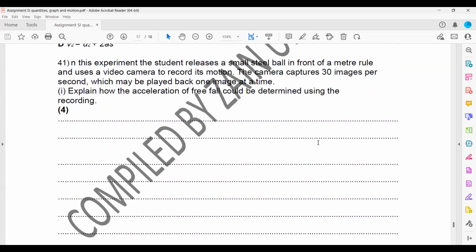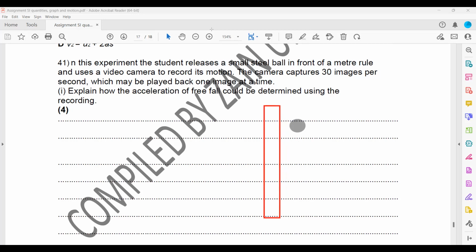So question 41. In this experiment, a student released a small steel ball in front of a meter rule. So there's a meter rule or a meter scale there, and the student releases a steel ball in front of that. For example, we have a steel ball next to a meter scale, and uses a video camera to record the motion.